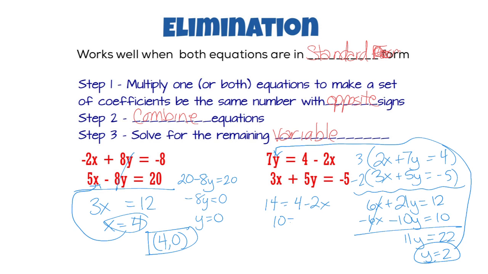Subtract the 4, divide by negative 2. All right, so my ordered pair here, my solution, is negative 5, 2. Remember, you always put it as an x comma y, regardless of which one you found first. Okay, there you go. There's your quickie review of elimination.